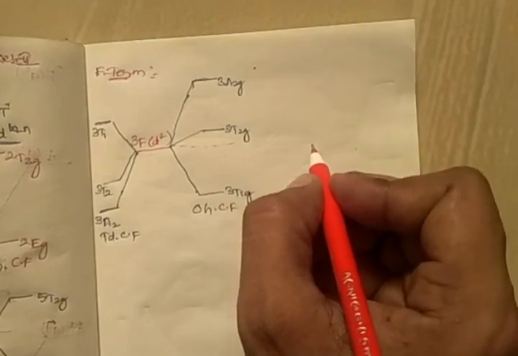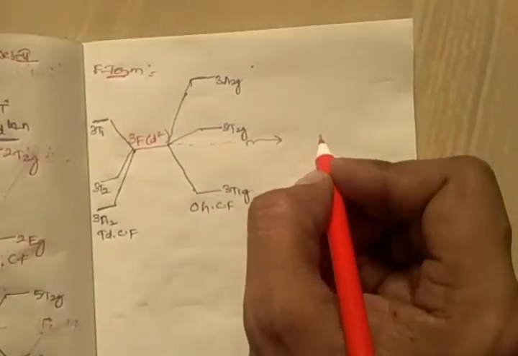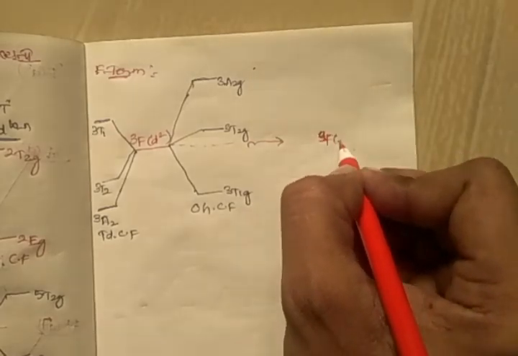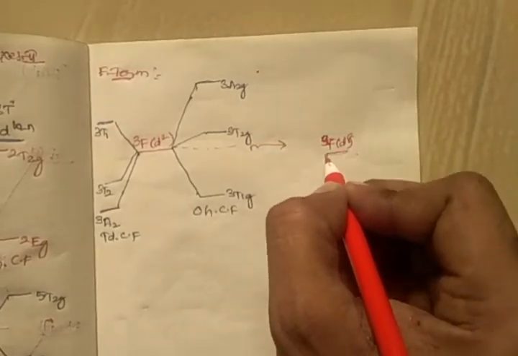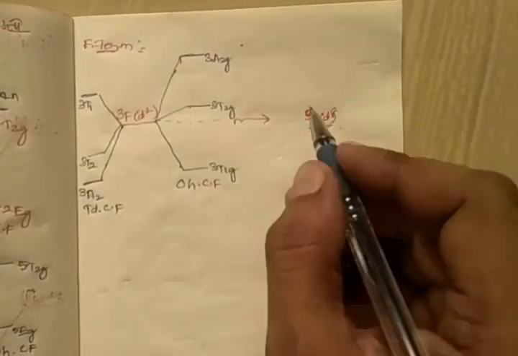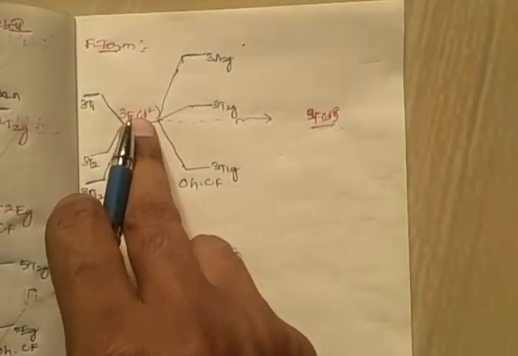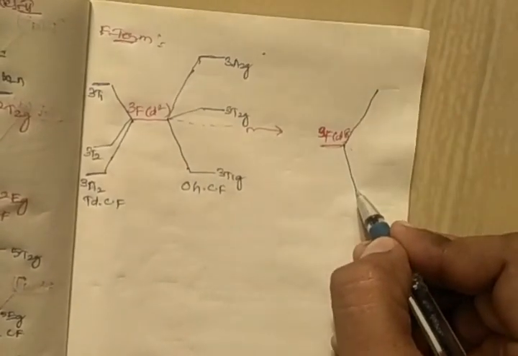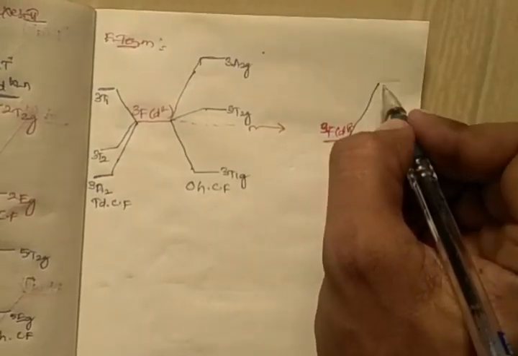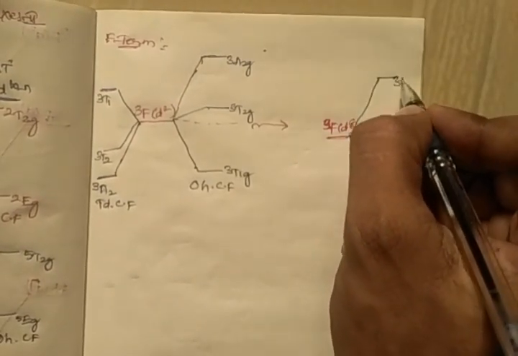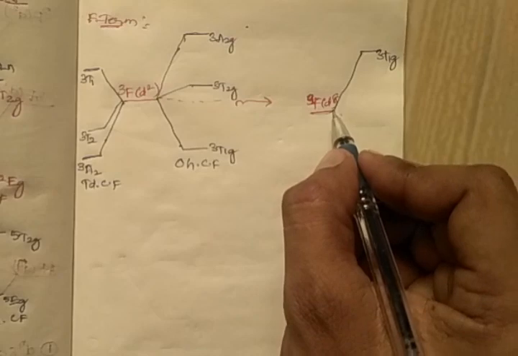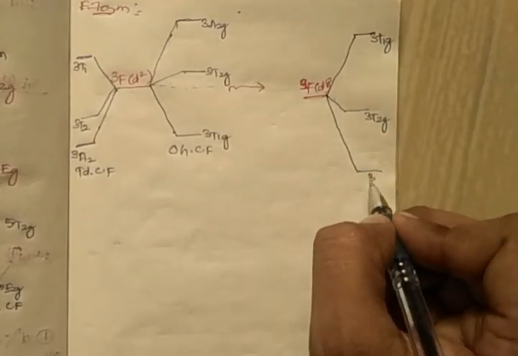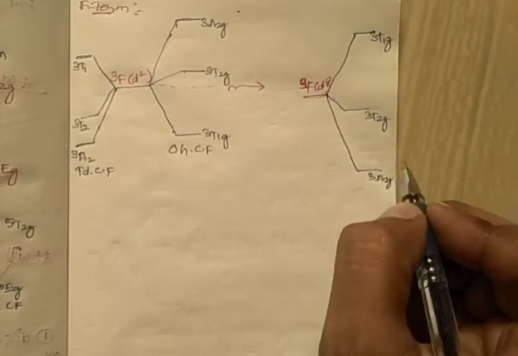Same concept when we extend towards the 3F term of the d8 electronic configuration. It is the inverse of the d2 configured 3F term. The highest energy state will be 3T1g, the next lower energy state will be 3T2g, and the lowest energy state will be 3A2g.